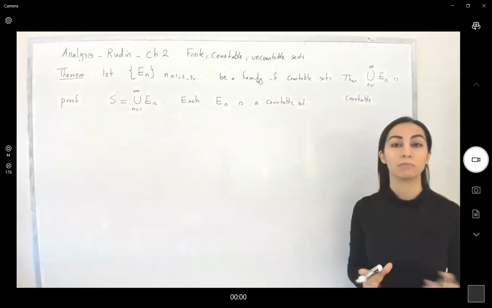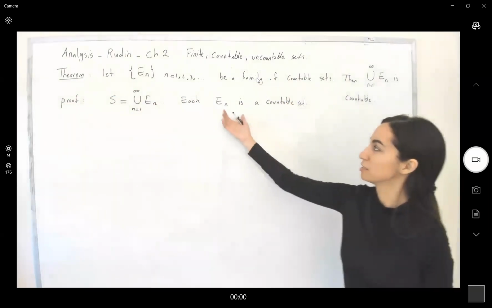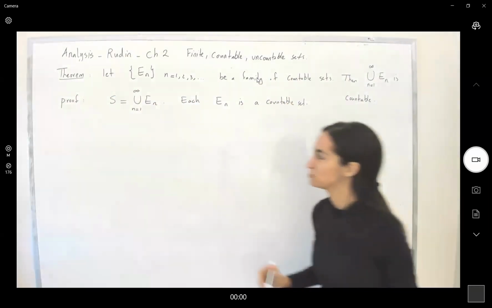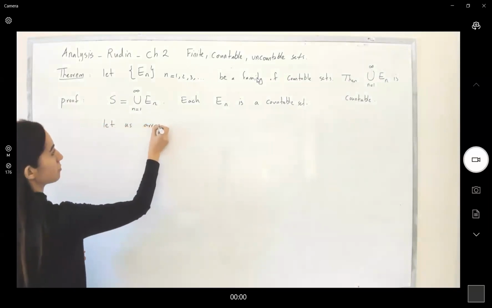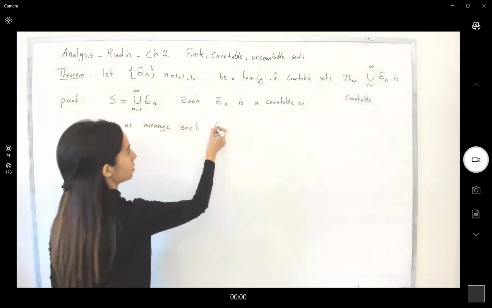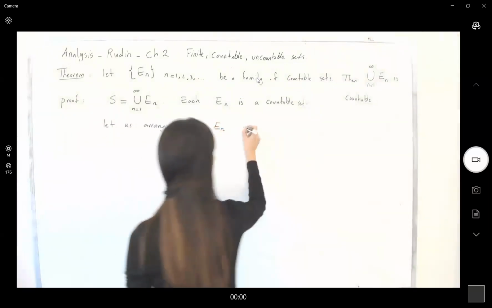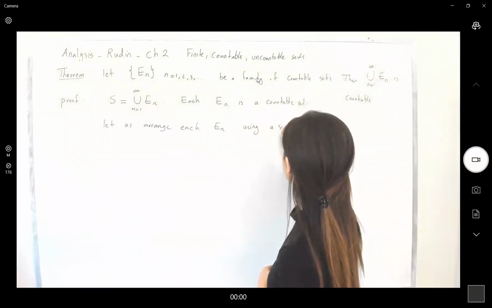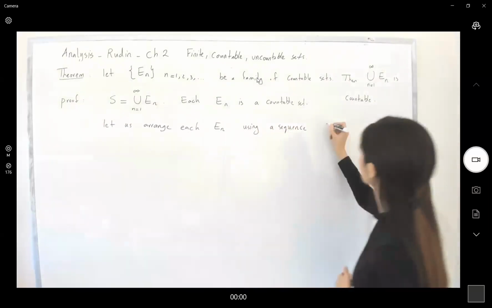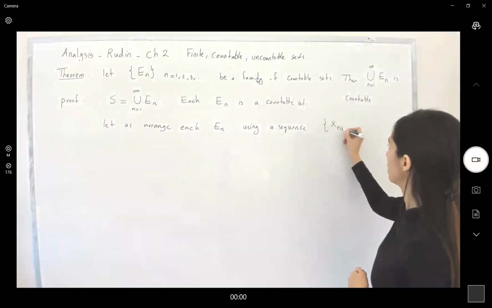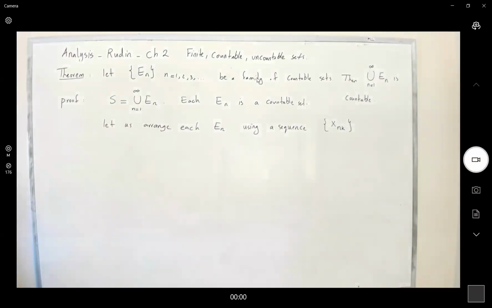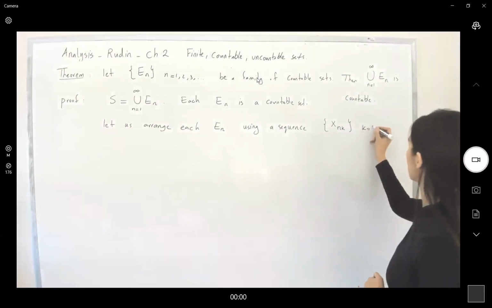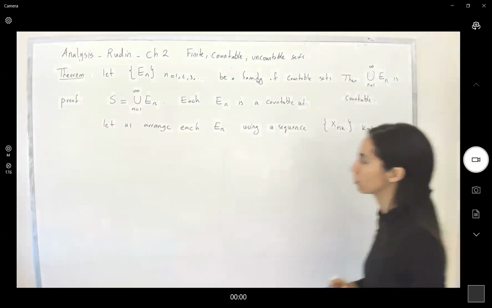So what's the meaning of that? It means that we can arrange these using sequences. Let us arrange each set E n using a sequence like x sub n k, where k starts from 1, 2, 3, and 4.